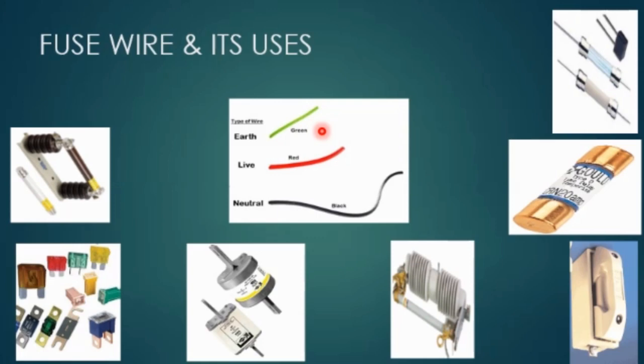Are you getting it? So that the metallic body of that particular appliance will not be electrified. Hence, you will be prevented from getting electric shock. Understood? Is that clear? So, with the help of these fuse, you can avoid the short circuit.